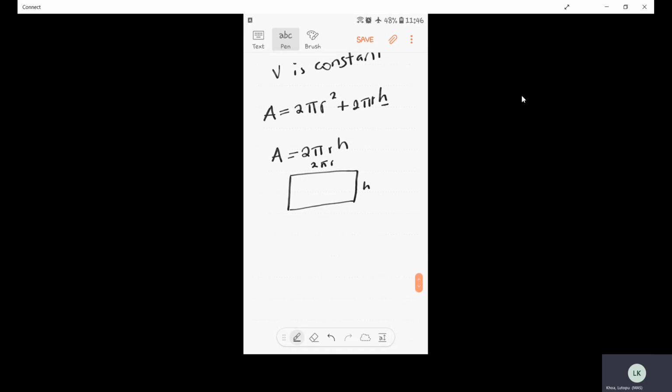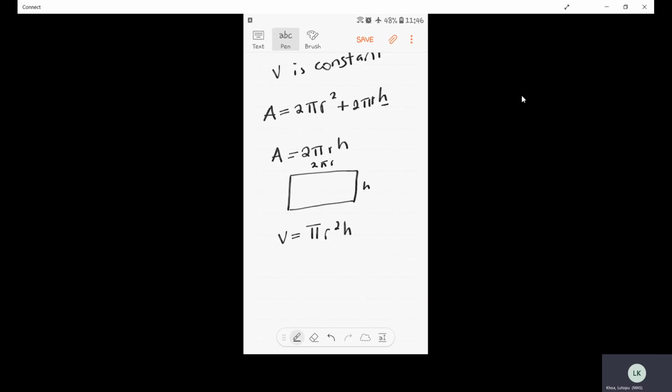Now, we know that the volume of the can, it's a cylinder, is given by pi r squared times the height. That is the volume of the cylinder.